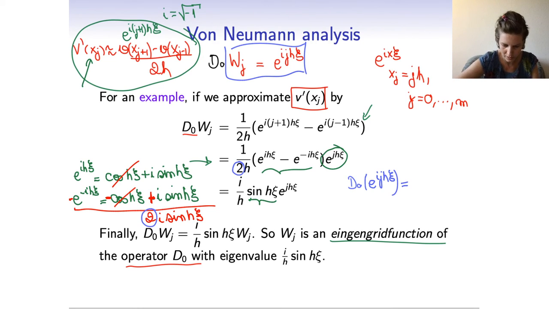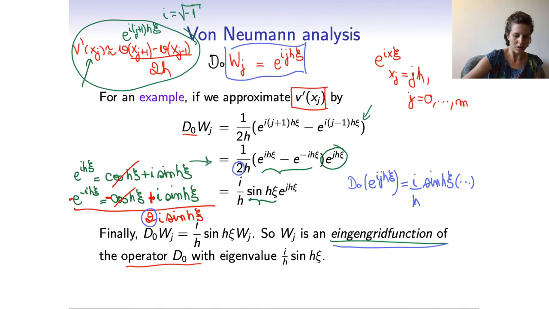So it's equal to i divided by h, sine of h psi, times the eigengrid function. We say that Wj is an eigengrid function of the operator d0 with the eigenvalue given by this.